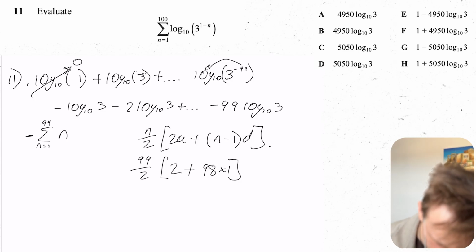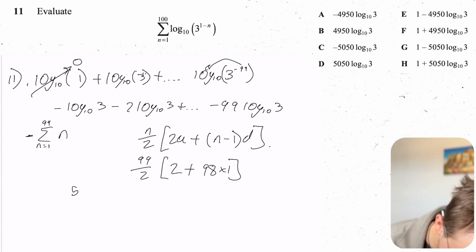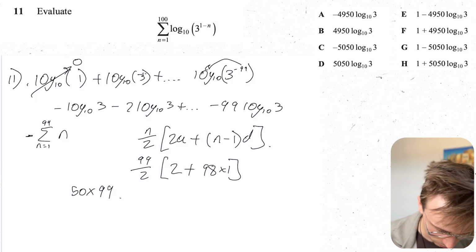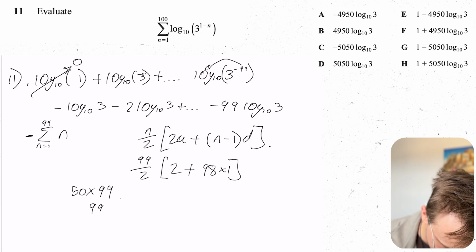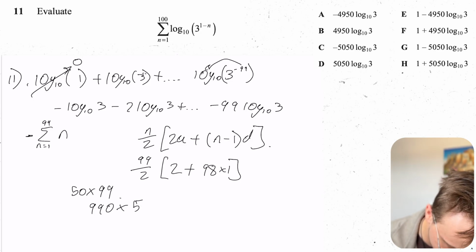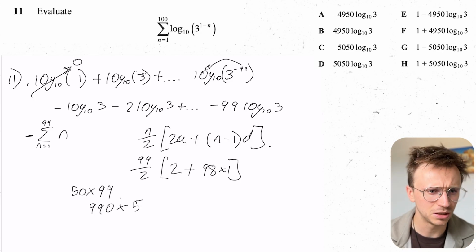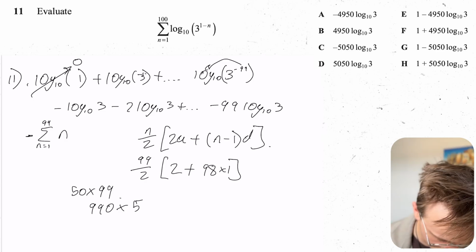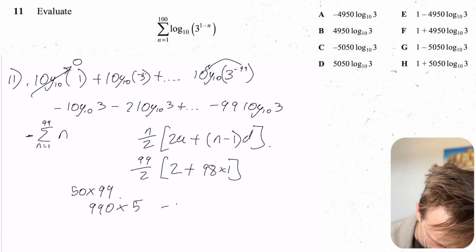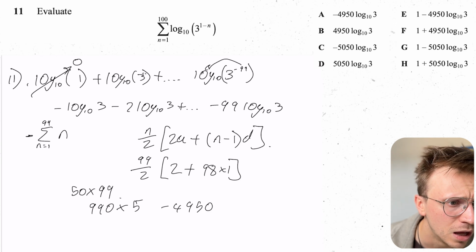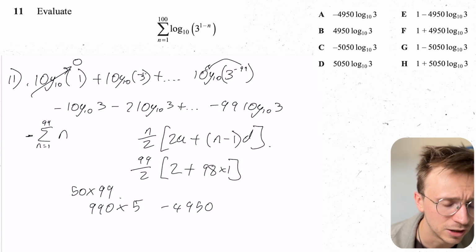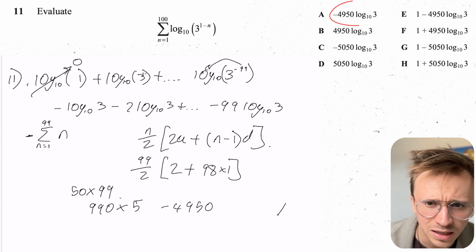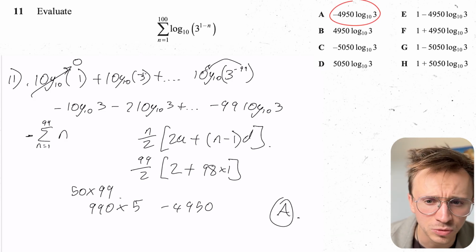Got 50 times 99, which is, oh god, 990 times 5, which is going to be 4950, I assume, because I'm too lazy to work that out. It's going to be less than 5,000, so minus 4950, and that's log base 10 of 3. So that would put me at A as my answer to 11.